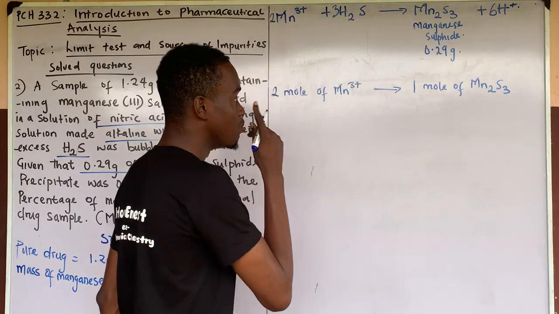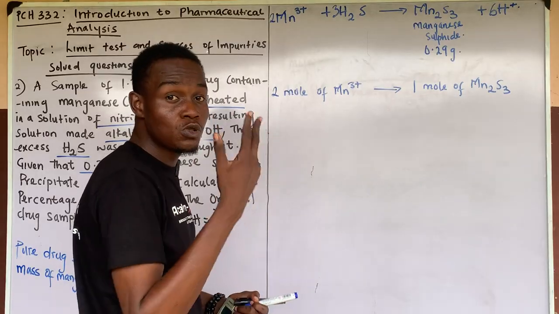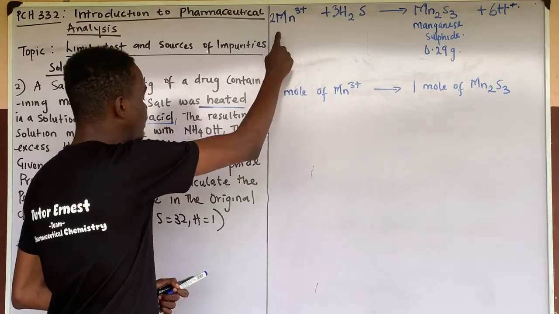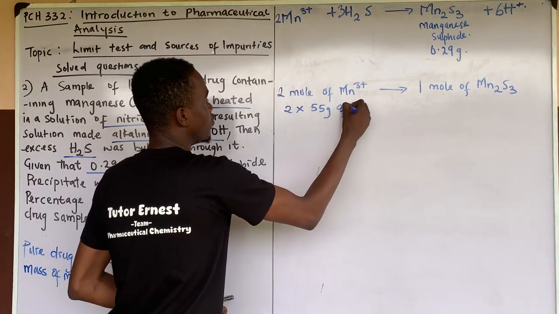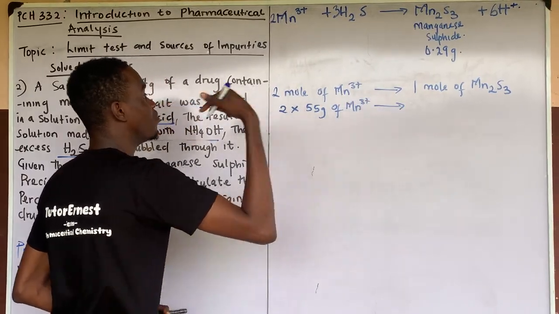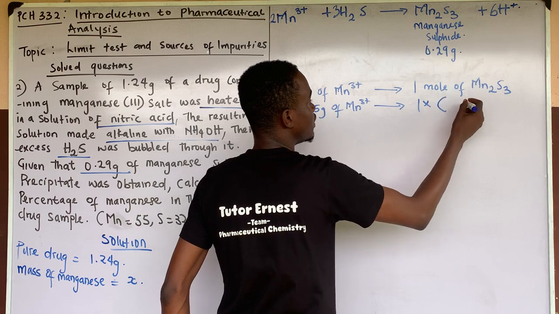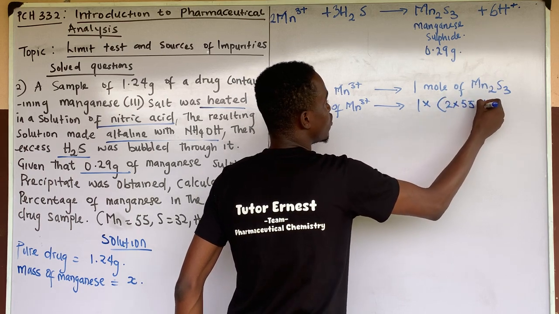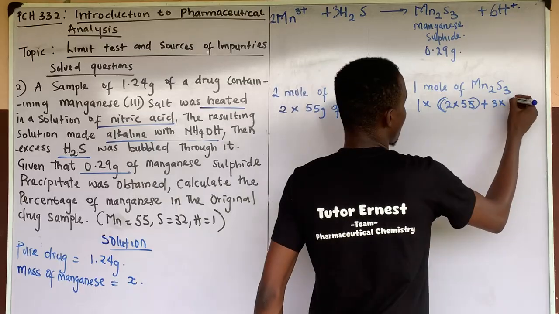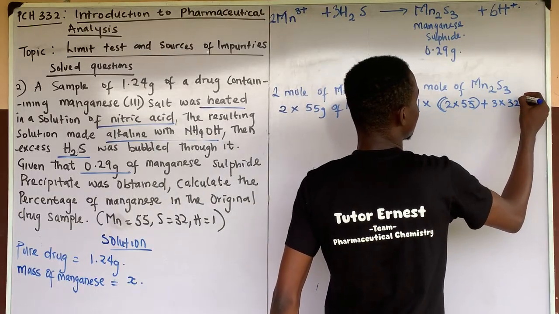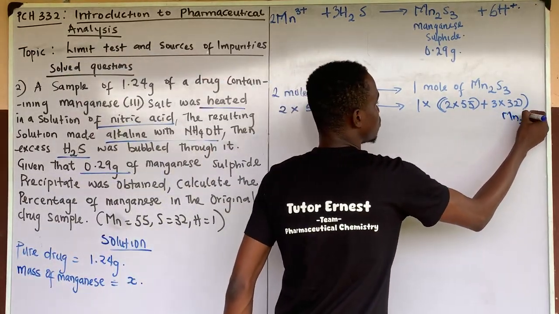And remember, a mole contains the exact mass of that compound, but 2 moles will be multiplied by 2. So 2 mole of manganese, since manganese is 55, will be 2 times 55 gram of manganese, giving rise to 1 mole of manganese sulfide. We have to find the mass number of this, that's 1 times the mass number of Mn2S3. We have 2 times 55 plus 3 times sulfur, which is 32.